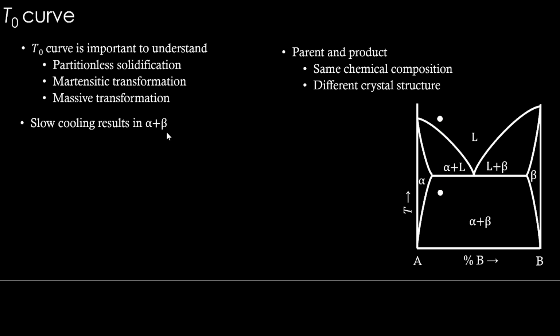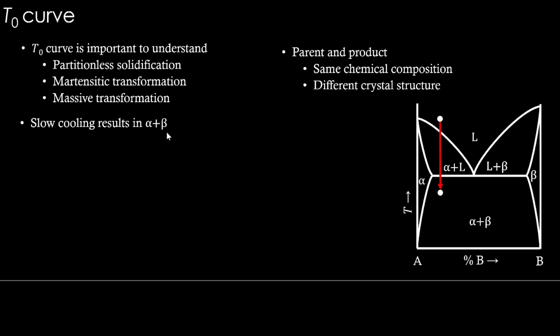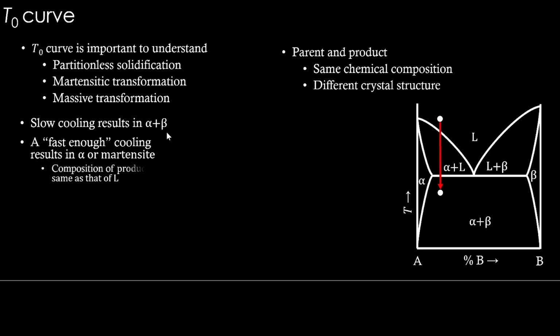Instead of this slow cooling, if we do fast cooling, fast cooling in the sense that a fast enough cooling can suppress all diffusion or nucleation of this beta phase itself, a fast enough cooling results in alpha or martensite.